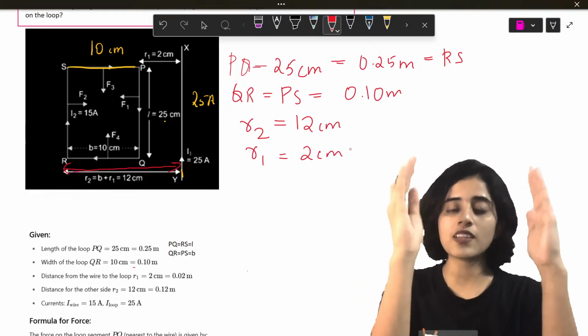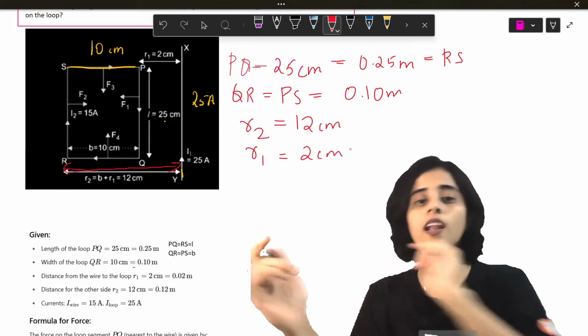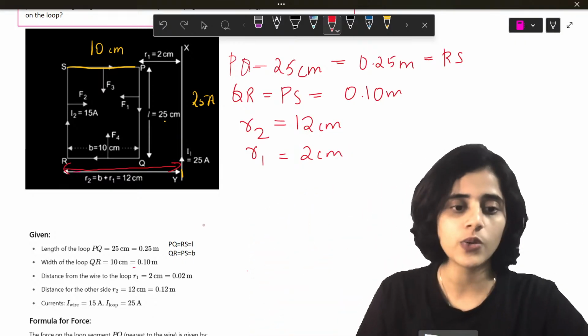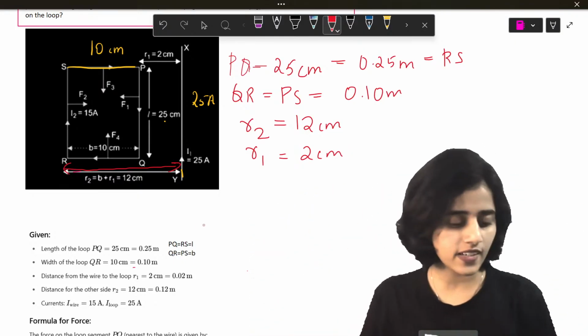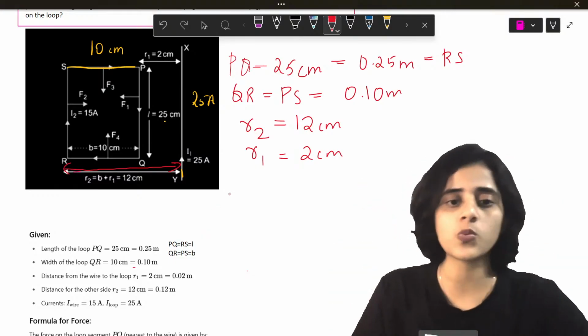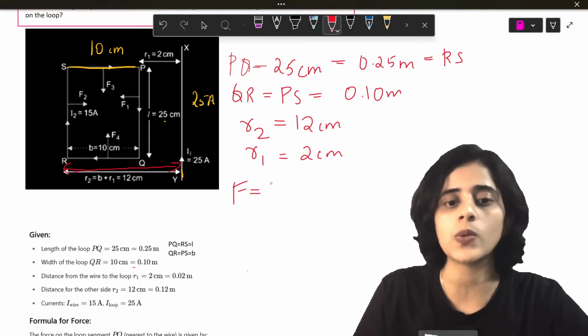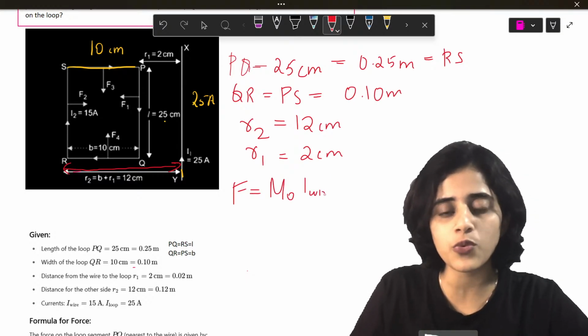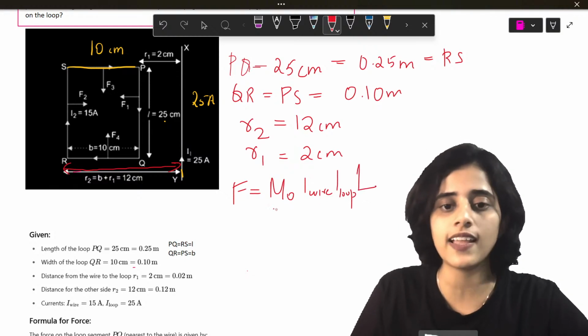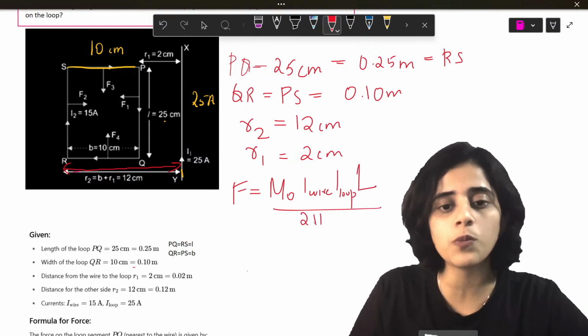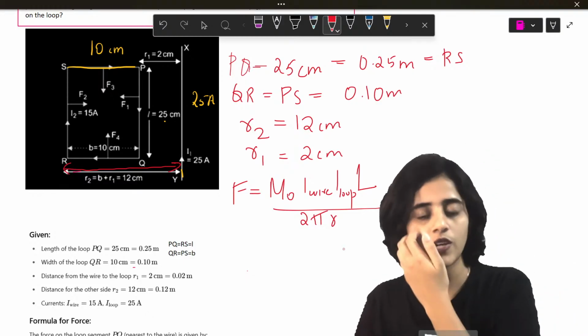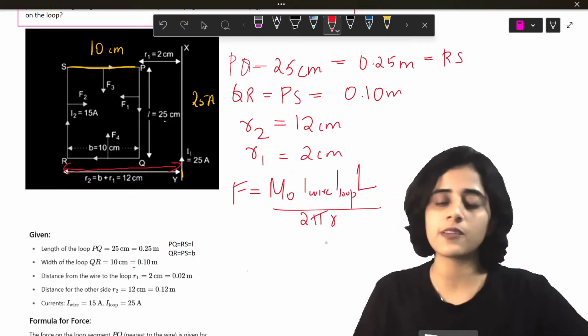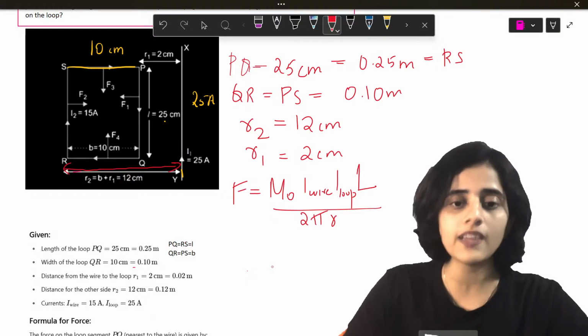The distances between the two sides of the loop and the conductor. Now, you've already learned the formula for parallel wires. F is equal to mu 0 I1 I2 L divided by 2 pi R, where I1 is the current of the wire, I2 the current of the loop, and L the length.